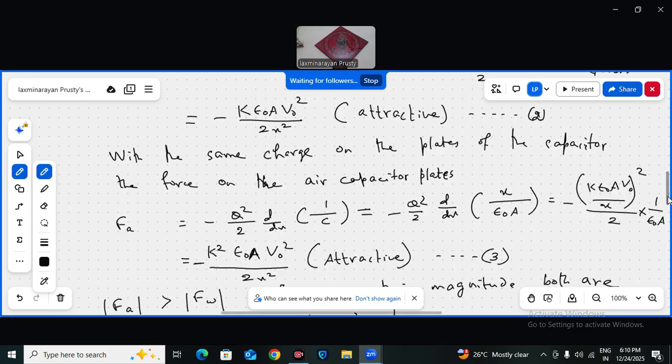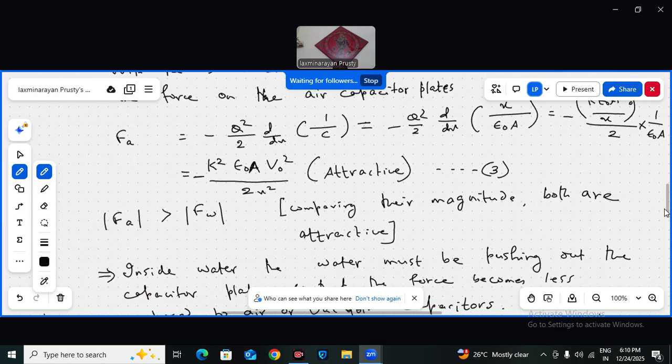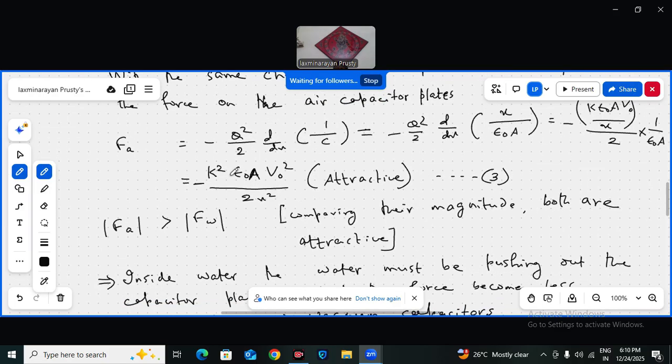So that's what I found, k square epsilon 0 A V naught square by 2x square. This is the attraction force in the vacuum capacitor, which gets reduced when water is introduced, because the water as a dielectric will be trying to push it away.